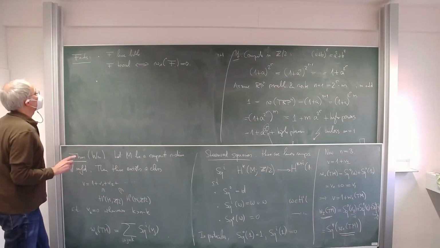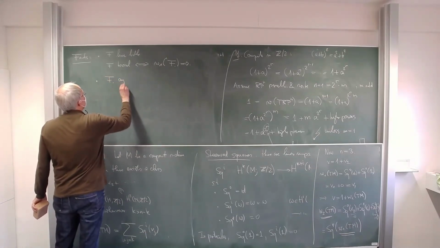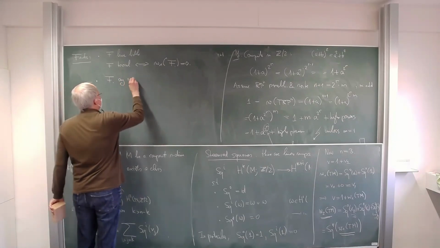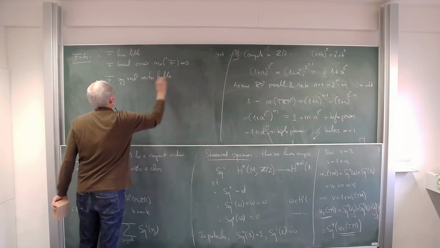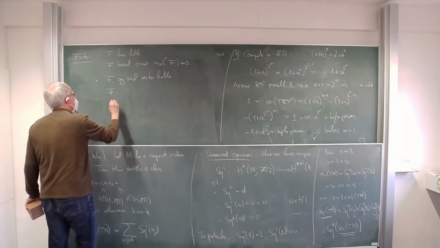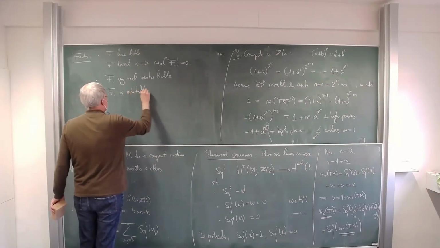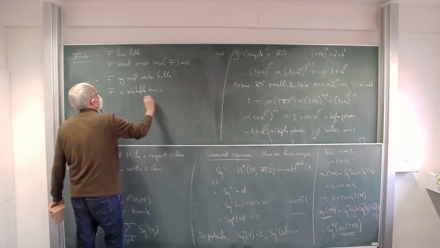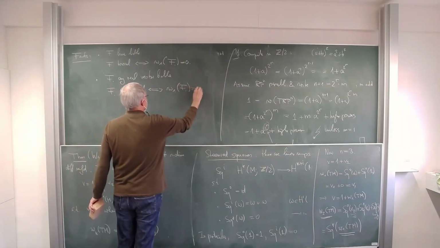Okay, now in higher rank, if F is any real vector bundle, then I claim that F is orientable if and only if W1 of F vanishes.